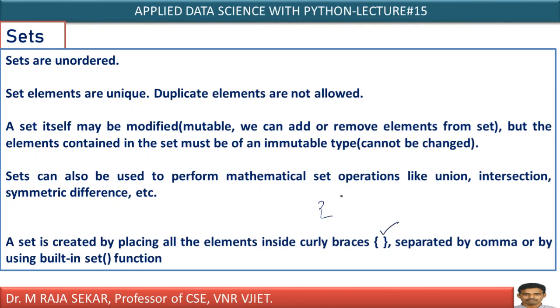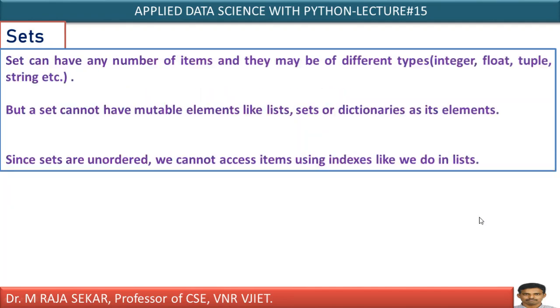We created a list by using square brackets and tuples by parentheses, isn't it? In a similar manner, we can create sets using curly braces, and elements are separated by commas. You can even create a set by using a built-in function, the set function. I will explain all these concepts with appropriate examples.